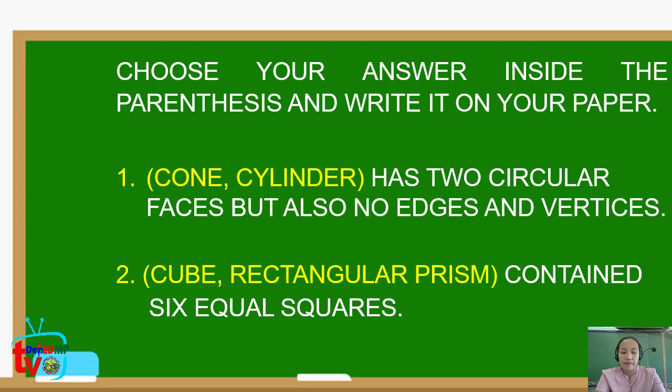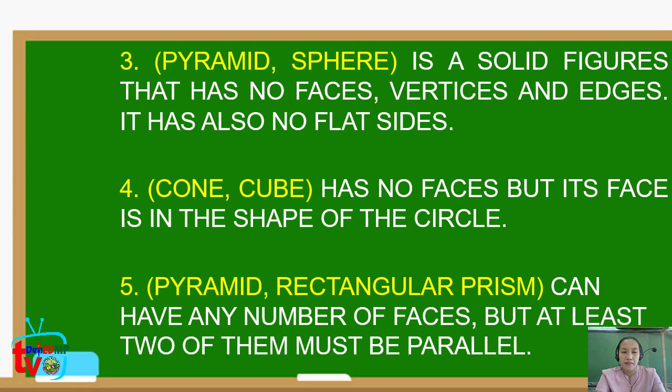Number 2, cube, rectangular prism, contained 6 equal squares. Number 3. Pyramid, sphere, is a solid figure that has no faces, vertices, and edges. It has also no flat sides.